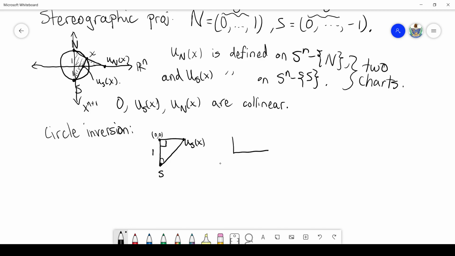And then I'm going to pluck out that other triangle. This length is 1, this is N, this is the origin, and this is un of x. And so we know that these are both right triangles, and using this intermediate triangle that connects S, N, and x, this is length 2, this is also a right angle. So using that triangle, you can show that this triangle is similar to both this triangle and this triangle.